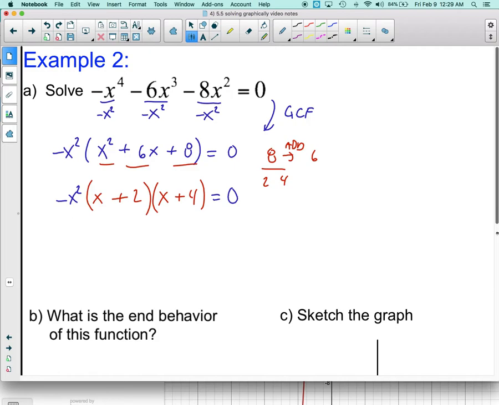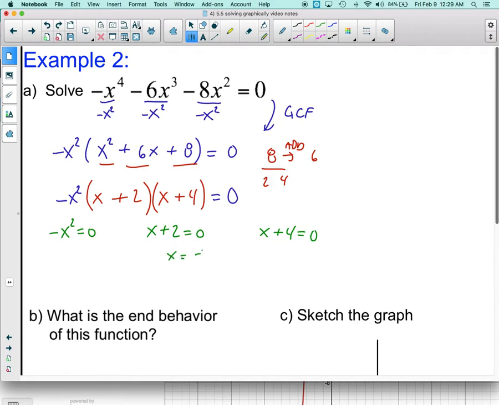Now we can set each of these factors equal to 0. So we get negative x squared equals 0, x plus 2 equals 0, and x plus 4 equals 0. These two are pretty easy.